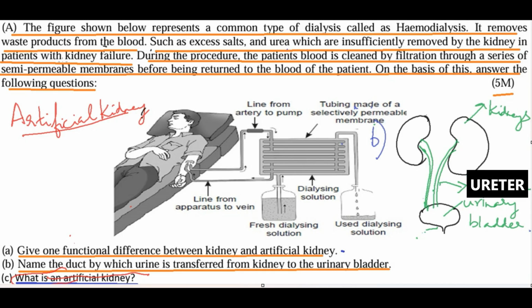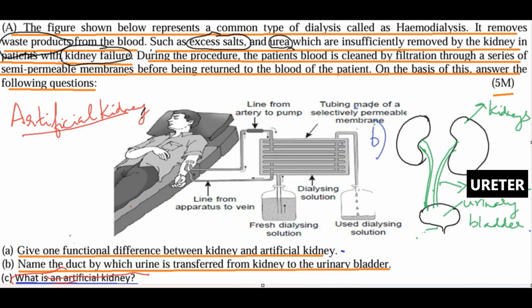So in patients with kidney failure, it is difficult for them to remove the waste products from the blood. There will be waste products like excess salt and urea that have to be removed. But their kidneys are suffering from some disease like glomerulonephritis or something like that.